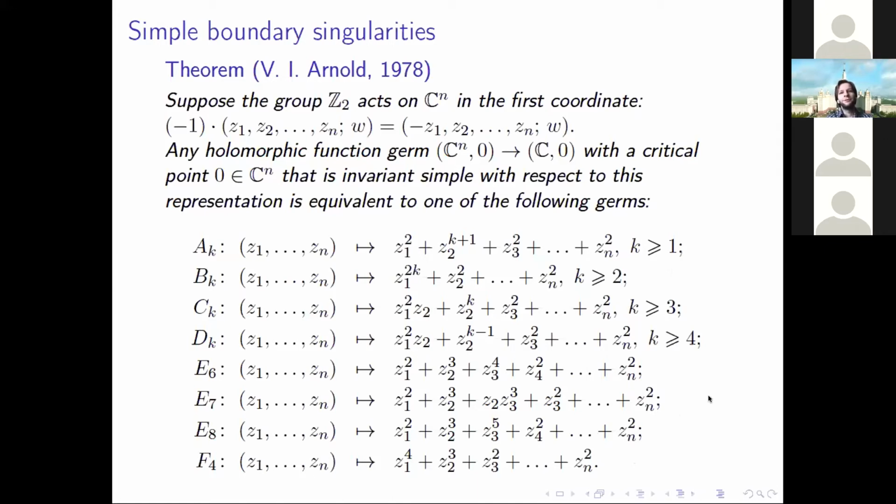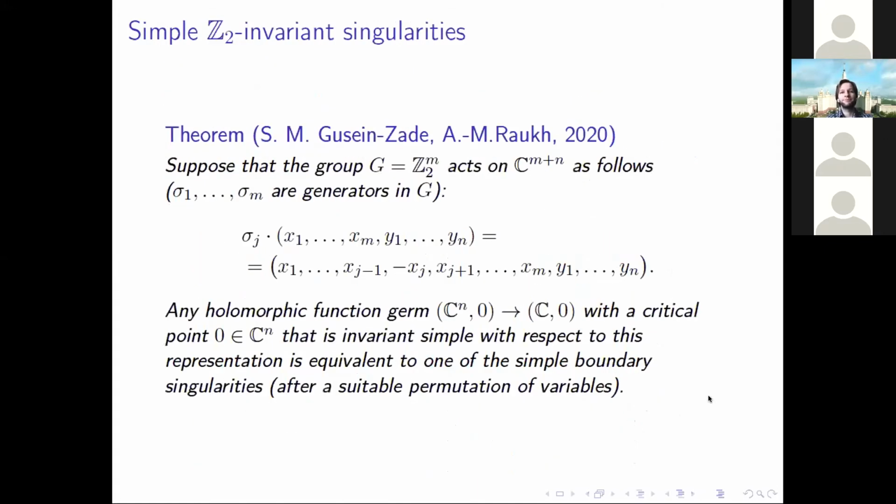A very recent generalization of this result has been obtained just this year by Sabir Gusein-Zade, my supervisor, and his student Anna Maria Rauch. They considered a more general situation. They take a certain power of the group of two elements whose generators act on certain coordinates in Cm plus n.